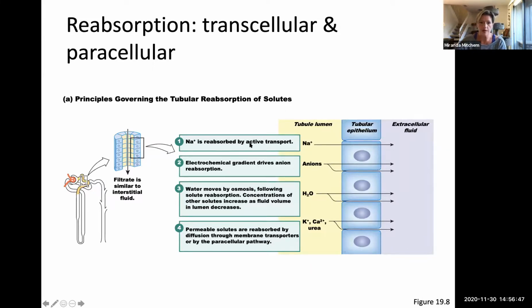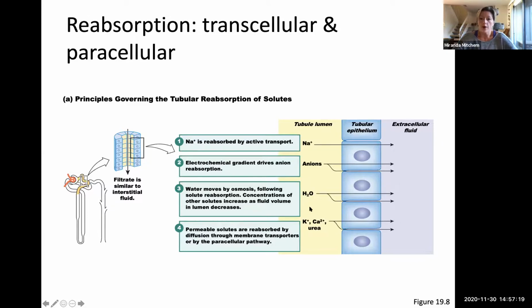Well, the sodium ion is moved through a pump, through active transport, to get it back to the extracellular fluid and the bloodstream, because we're going against its concentration gradient. We have the movement of different ions. Some of them are able to go through both epithelial layers of the tubule, where others squeeze through an opening.